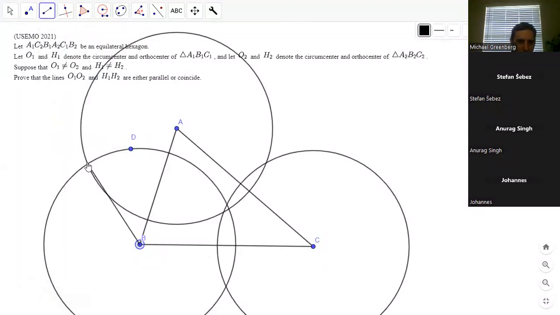So we have something like this. Maybe it's even worth keeping the circles for now. But I think all equilateral hexagons are drawn this way? I think so, right?